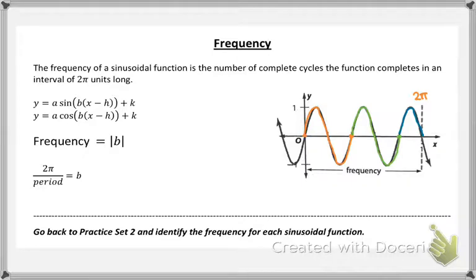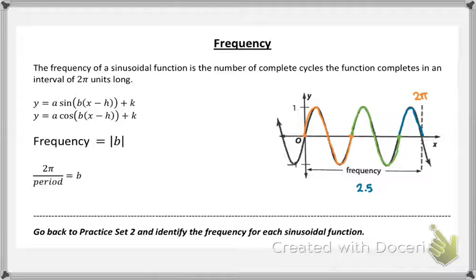So in this case, the frequency, I would say, is 2.5 because it completed 2.5 full cycles of my sine wave. So again, I want you to pause the video and go back to the previous 3 examples and identify the frequency, which should be a little bit easier.